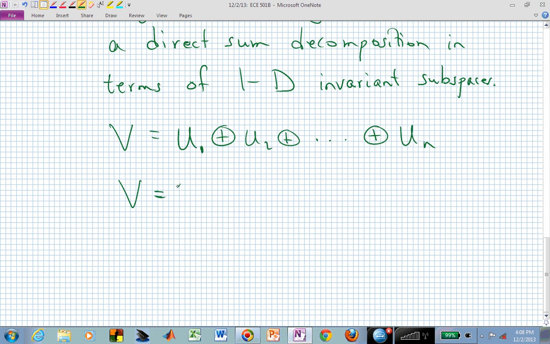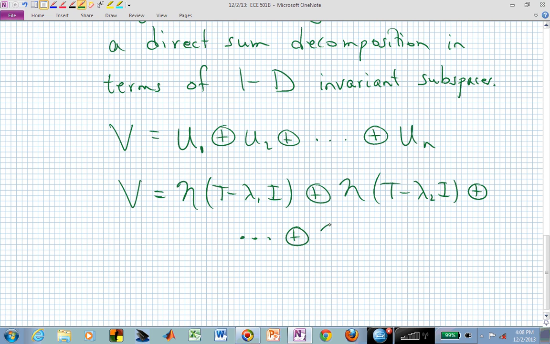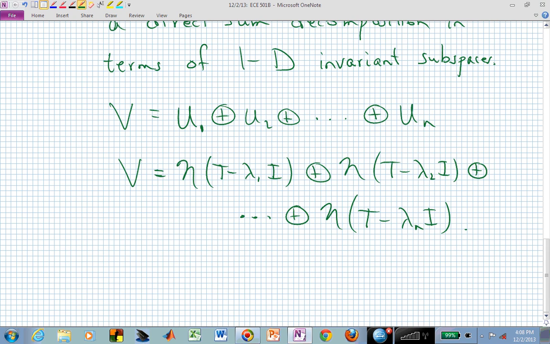or you could think of those U's being associated with T minus lambda 1 I, its null space, plus the null space of T minus lambda sub 2 I, etc., down to the null space of T minus lambda sub n I. And with these normal or self-adjoint operators, we have n distinct eigenvalues.